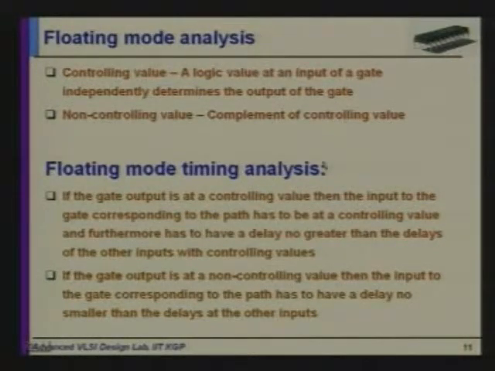For example, suppose given an AND gate, if this line has the logic value 0, the output will always be 0 irrespective of the value on the other input line. Maybe it's 1, maybe it's 0, it doesn't matter. So 0 is called the controlling value for an AND gate.